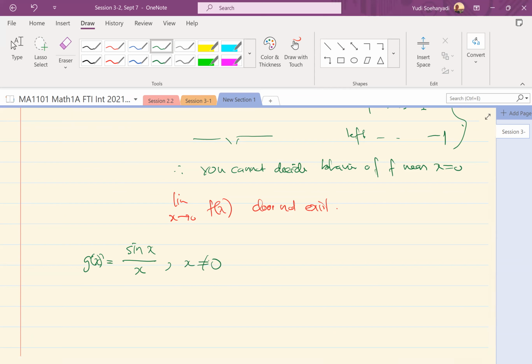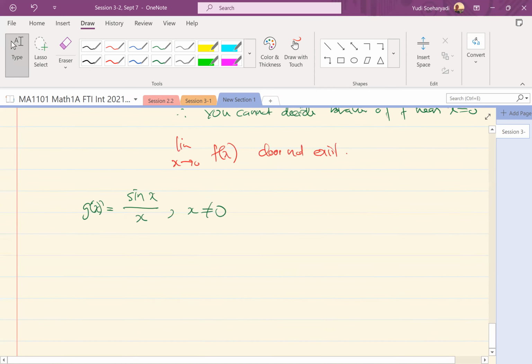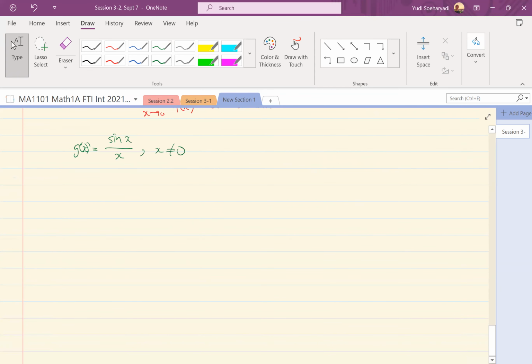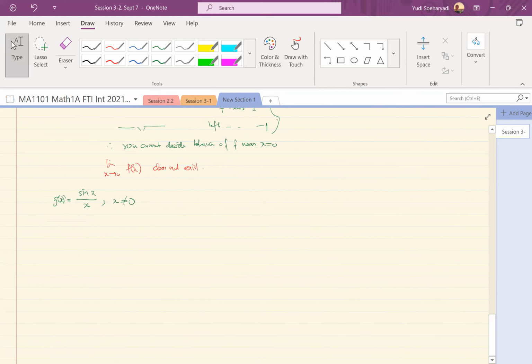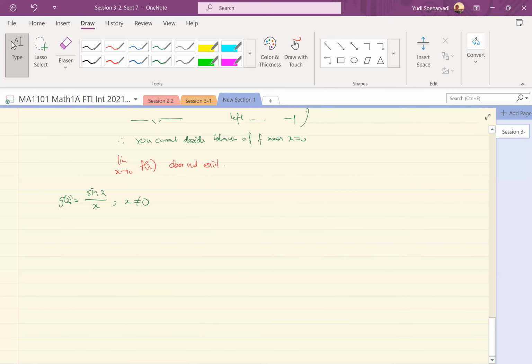Okay, if you plugged into your calculator, okay, so the value of x near, g near x equals 0.